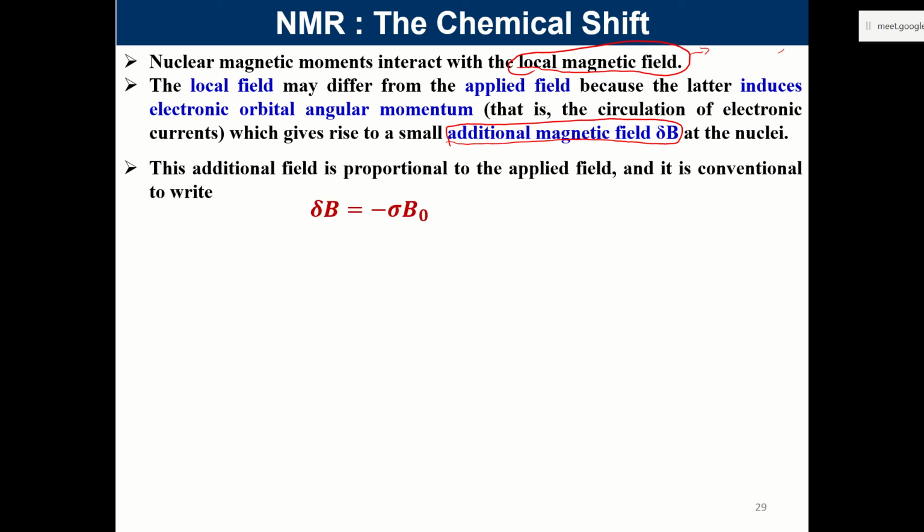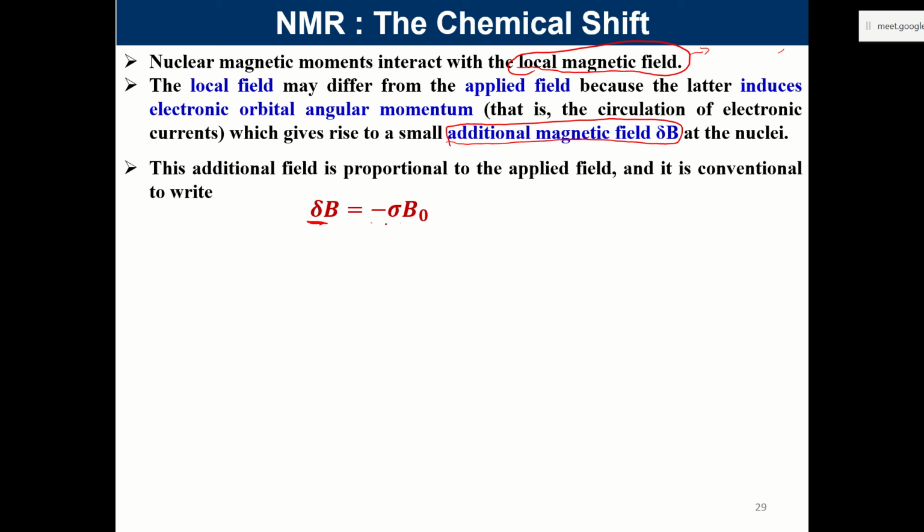So primarily we can try to understand this additional field that is being created. You are applying a field B naught, and you find a local field that is created because of the electrons that are sitting around the nucleus, which are also interacting with it. You have a change in field given by delta B, and this is minus sigma B naught.